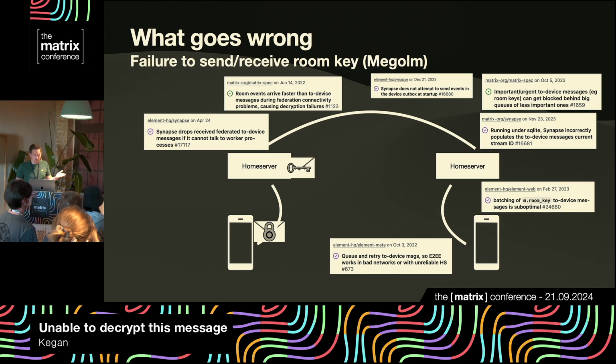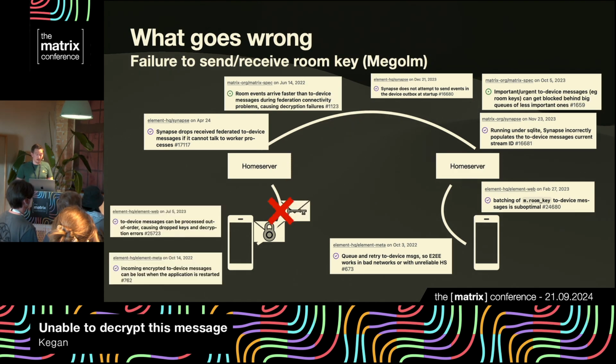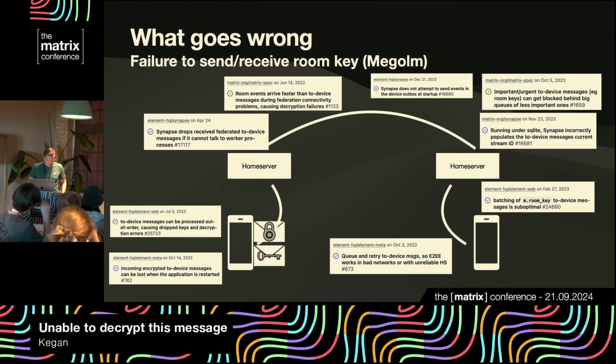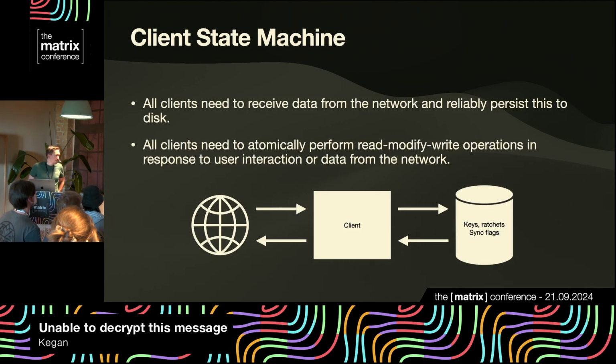But of course, maybe that doesn't happen. And yes, there are also issues on the receiving side as well. But ideally, both the key and the encrypted message will make it to the other side, and then everything is fine. So everything I've covered up until now have been protocol-level issues with clients and servers.